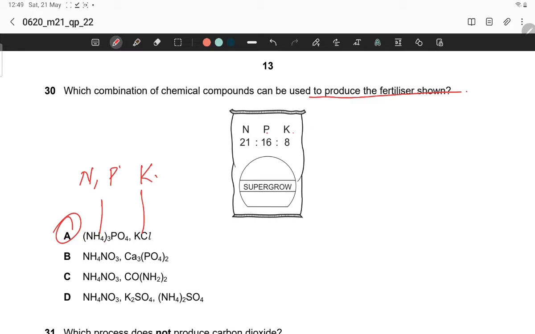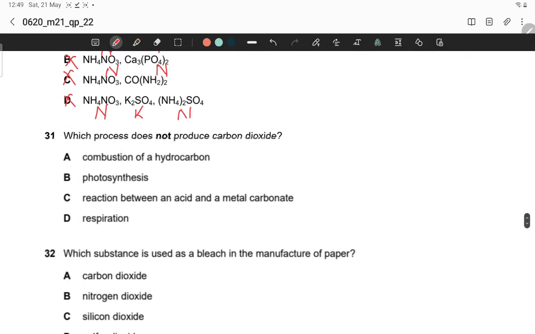Ammonium nitrate gives only nitrogen, and phosphorus, this is incorrect. Ammonium nitrate, N and N, also incorrect. Ammonium nitrate nitrogen, potassium sulfate potassium, again nitrogen, this is incorrect. So A option is correct.